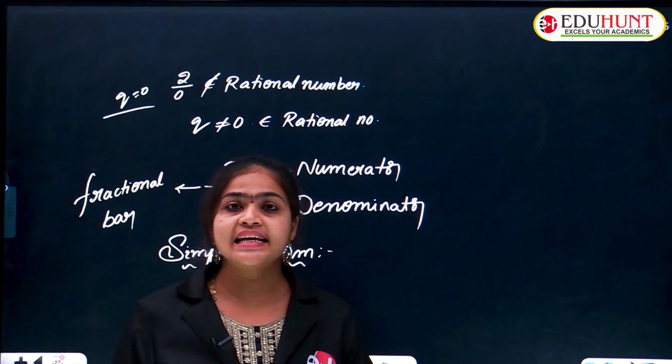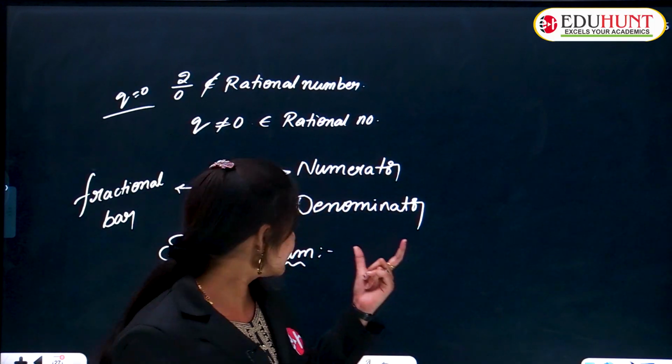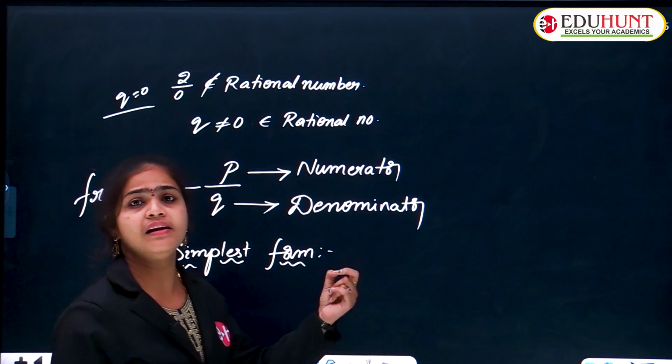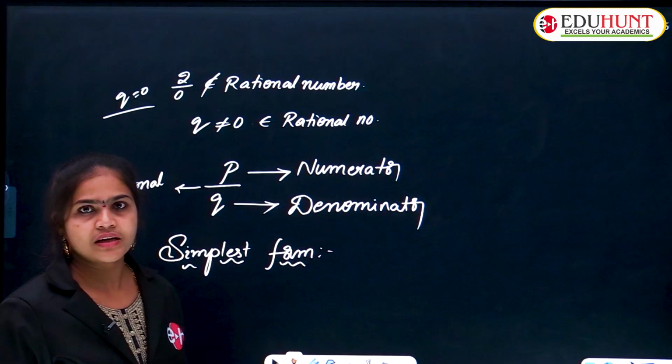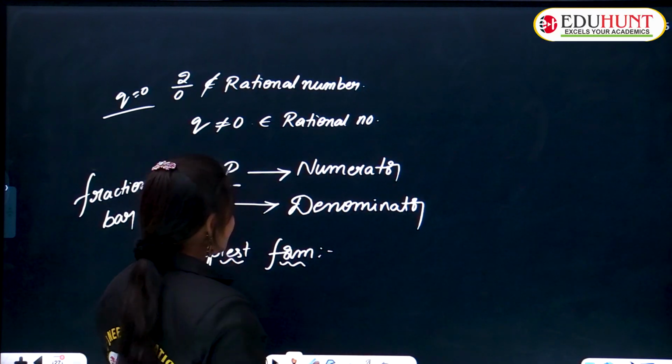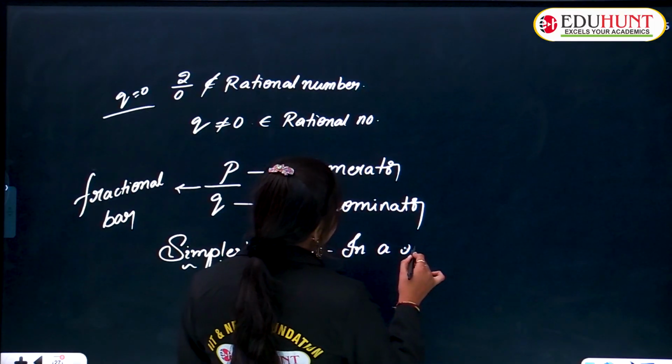That one is also known as an irreducible fraction. We will discuss it in the next one. That term is called an irreducible fraction or irreducible rational number.